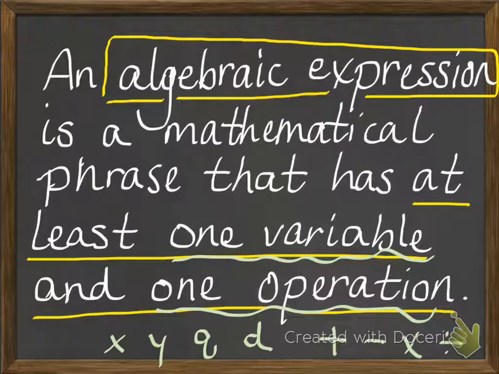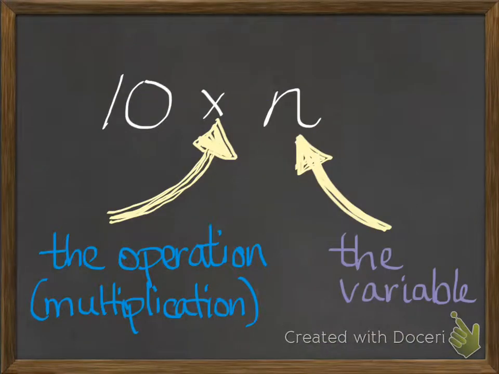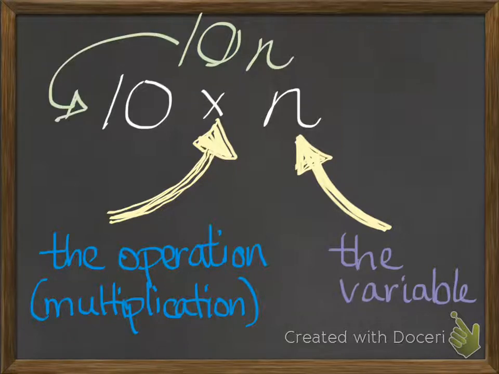So it has to have both of these things: a letter and an operation. Here is our expression from before, 10 times n, or 10n, which is the same thing. Remember, if you have a number next to a letter, you're just multiplying those together. The operation is multiplication. The variable is the n.